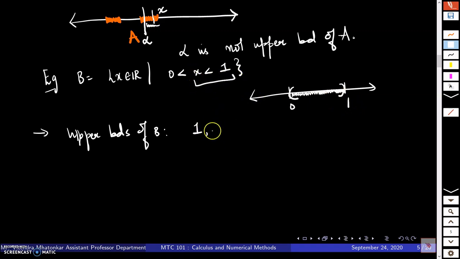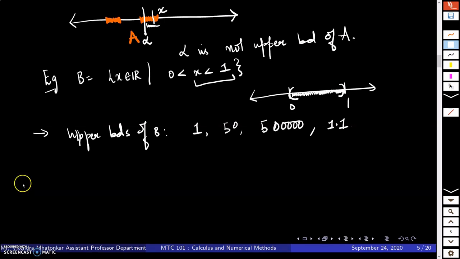So 1 is an upper bound, and if you pick any number, say 50 or 5 lakhs, even this number is an upper bound. Even a number close to 1, let's say 1.1, is an upper bound of the set B. So the upper bound of a set is not unique. If you have one upper bound, then you can have infinitely many upper bounds.